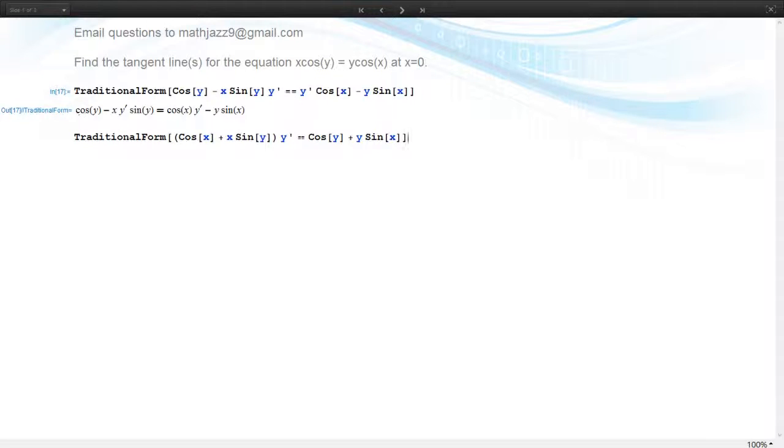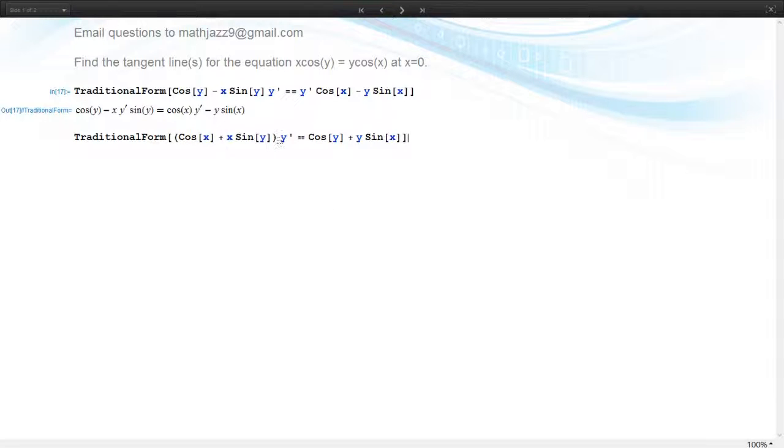So notice that this function and this function ended up on the same side because there are no y primes in them. This term and that term are on the same side because they have no y primes. And this term and this term ended up on the same side. The opposite side is the other two because they have y primes in them.